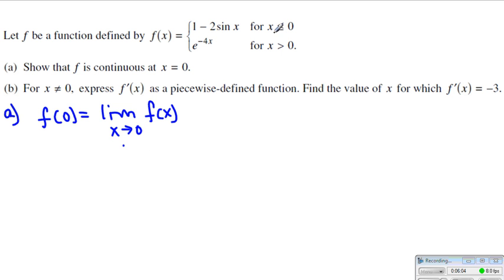F of 0, since 0 belongs to the upper portion of the piecewise function, will be equal to 1 minus 2 sine of 0.